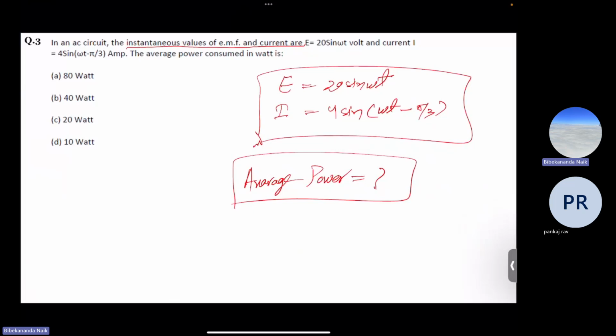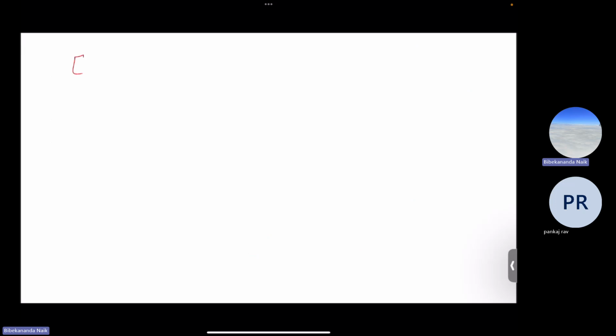There is a formula for average power, which is Im Em by 2 into cos phi, where E is represented as Em sin omega t and I is written as Im sin (omega t plus phi).